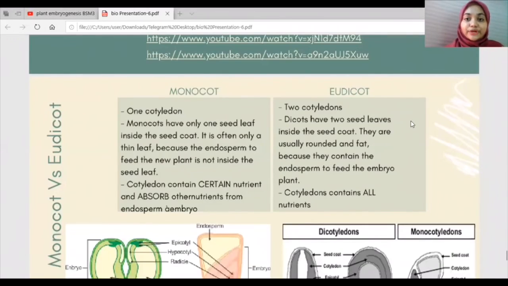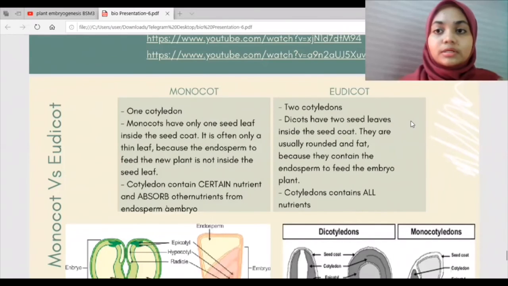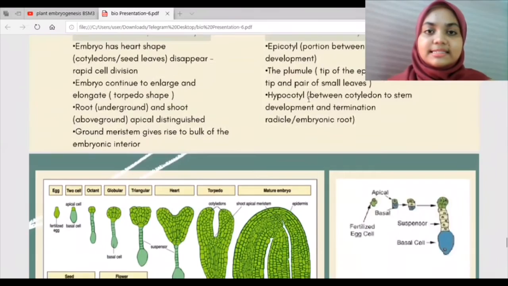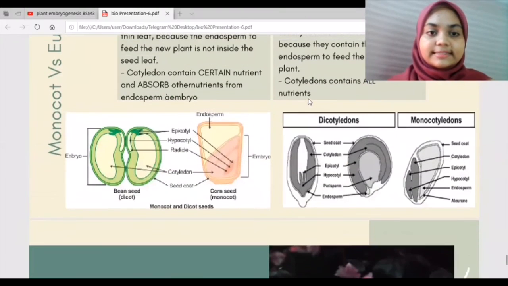Okay, let's continue. The difference between monocot and eudicot seeds: we all know that monocots have one cotyledon. What is the cotyledon?